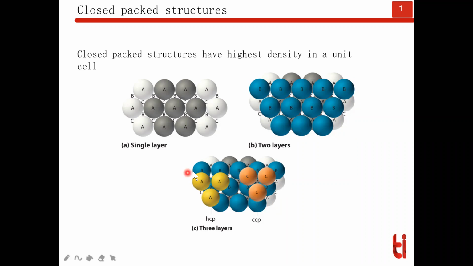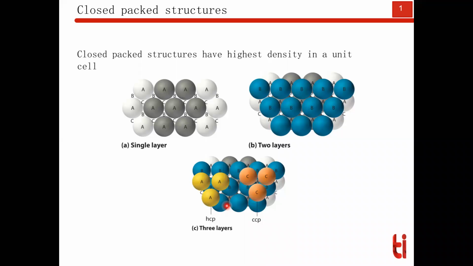Likewise, if I arrange atoms like A layer, B layer, and then again the A layer, then I end up with another kind of close pack structure that is called HCP structure. So if your atomic arrangement in 3 layers is such that the first layer and third layer atomic positions are identical and the sandwich layer B occupies the valleys, then it is an ABA kind of structure which is called HCP.